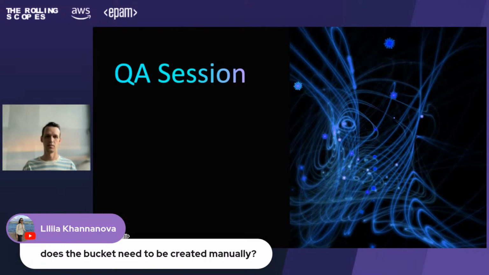Does the bucket need to be created manually? Yeah, in this task, this bucket should be created manually. But you still need to take care of creating the instance of this bucket inside your code to adjust the policies.